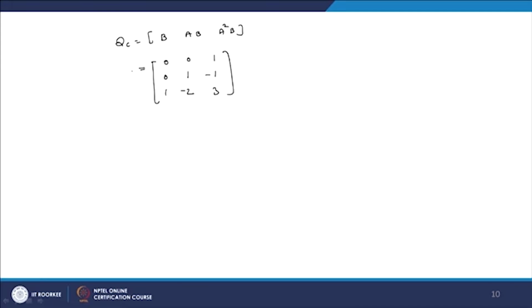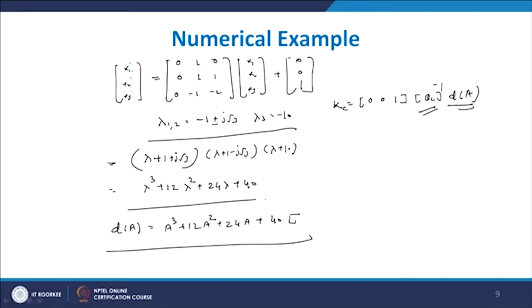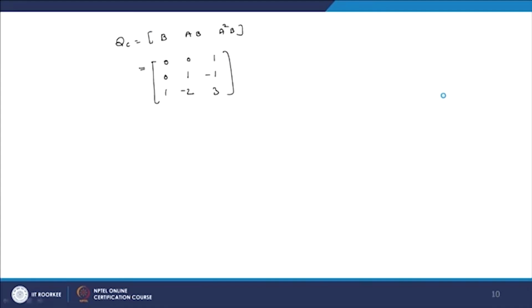But in the actual formula we require Qc inverse. The inverse of this gives Qc inverse as minus 1 2 1, 1 1 0, 1 0 0. Now Qc inverse we have got, and we require phi of A.